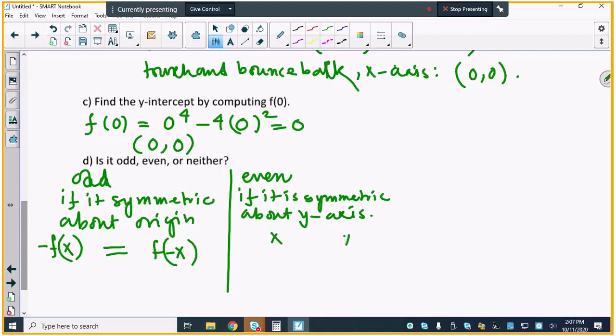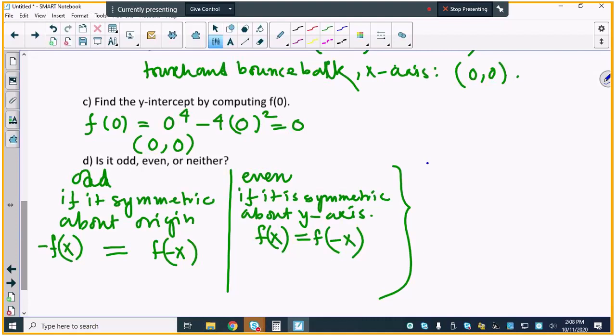So similar situation, you change the input from positive to negative and find the outputs. If the outputs do not change, if they are equal to each other, even after changing the input from positive to negative, then it is symmetric about the y-axis. Different x's, positive, negative, gives you the same height. So symmetry about y-axis. So that is even function. And if none of them happens, then it's neither.